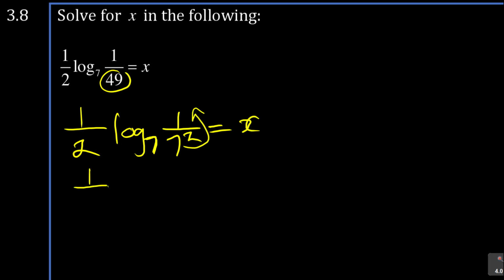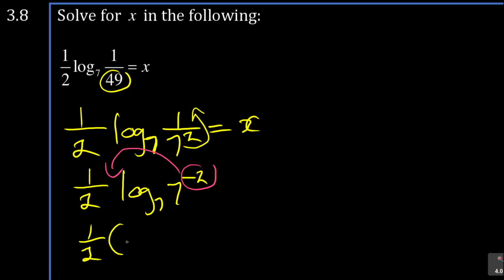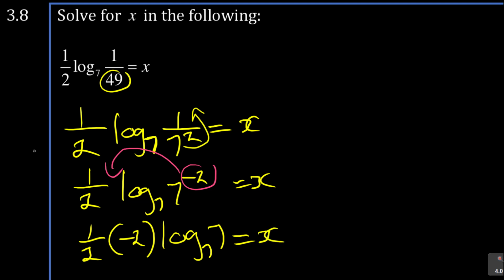So it will be 1 over 2 log base 7 of 7 to the power negative 2. Remember, positive to negative. Then from there, if it's negative, I can drop it down. So what does it become again? 1 over 2 multiplies as negative 2. Now look, I've got log base 7 of 7 is equal to x. Why am I doing that?